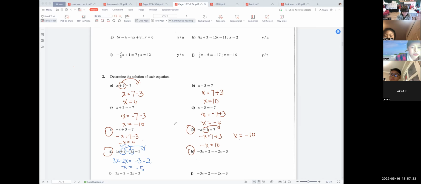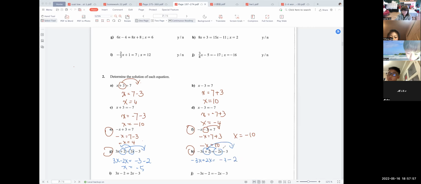How about the calculation test? Okay, so, oh yeah, we're doing this one, the last question. So negative 3x plus 2 equals negative 2x minus 3. So again, negative 2x, move it there, will be positive. So it's negative 3x plus 2x equals negative 3 minus 2.